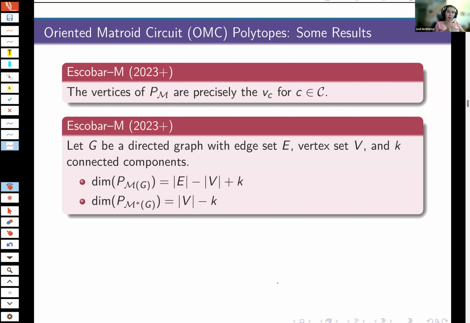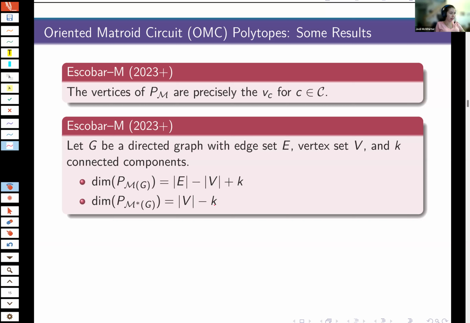But when you have a graphical oriented matroid, then for both the circuit polytope that you get, and also the circuit polytope for the dual oriented matroid, which I might sometimes call the co-circuit polytope because it's shorter, we actually do get a strict equality there.